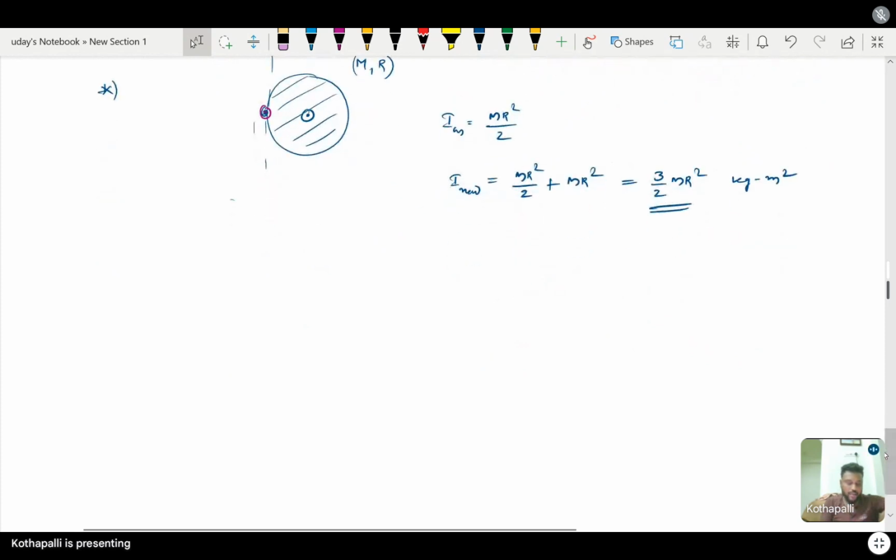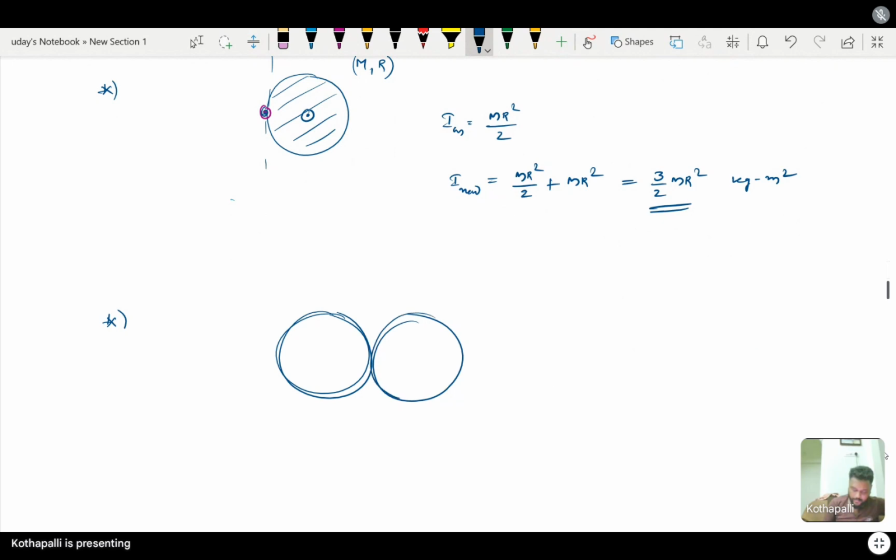Next, try one more question. There are 3 rings, each of mass m and radius r, identical rings.